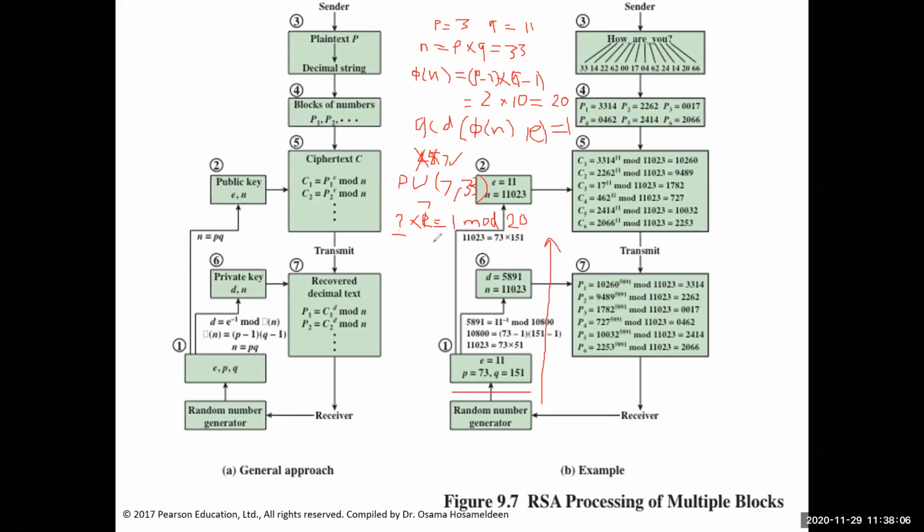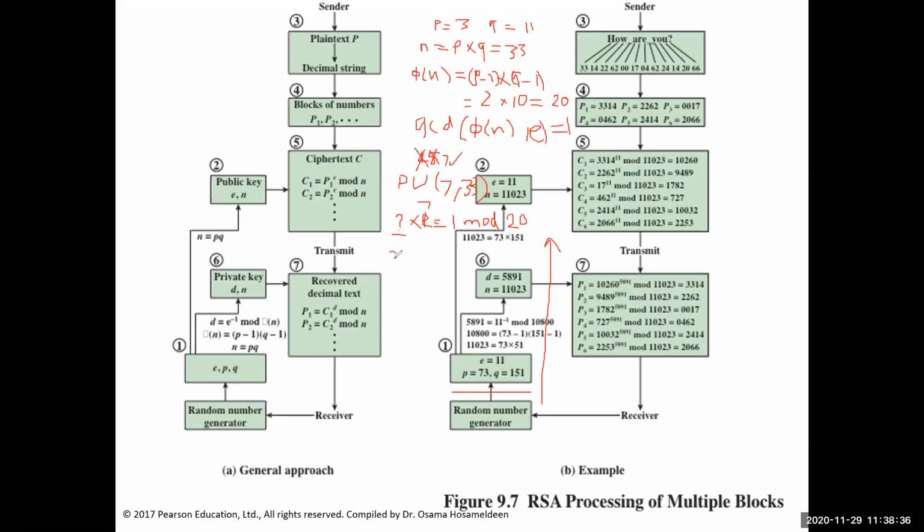Do you know? Anybody knows? What number do I multiply by 7 to give a remainder of 1 after modding with 20? Yes, 3, exactly.